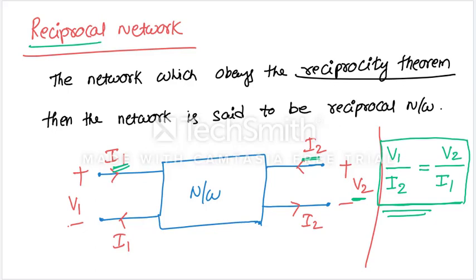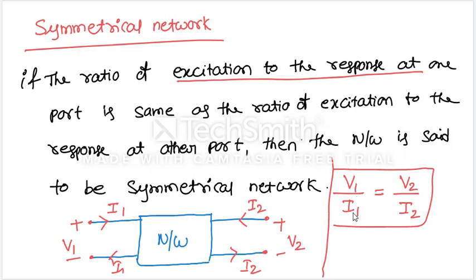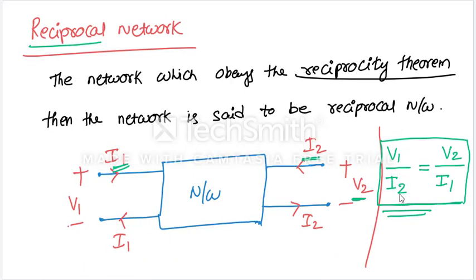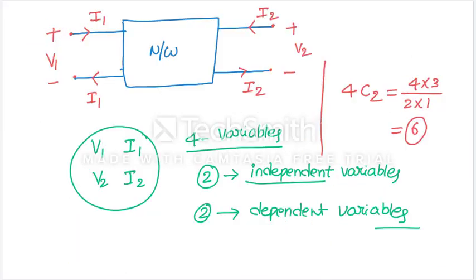Right? And the condition for symmetrical is V1 by I1 equal to V2 by I2. And here V1 by I2 is equal to V2 by I1, then we can call the network reciprocal. Fine. With this we have seen that totally 6 parameters are possible here.